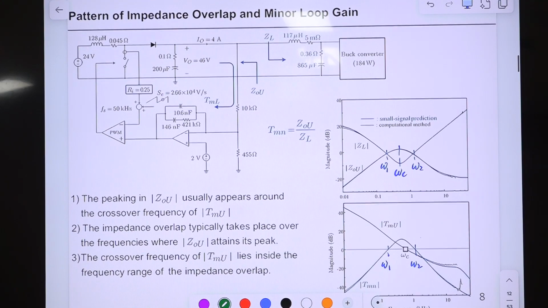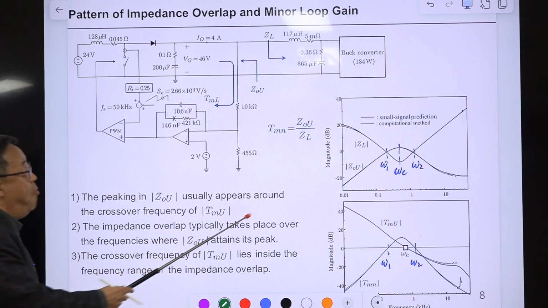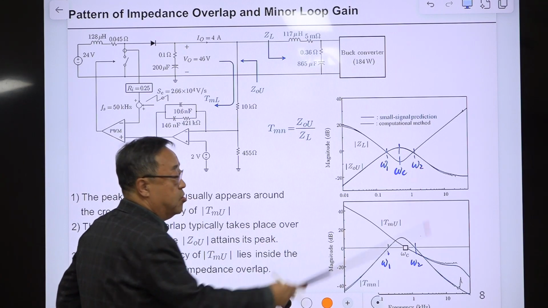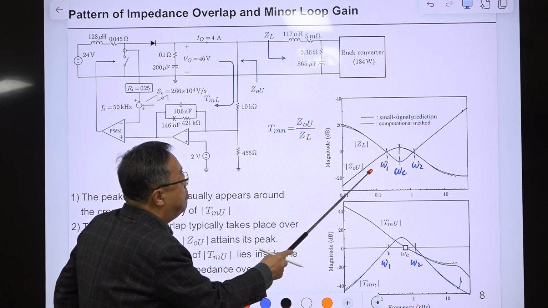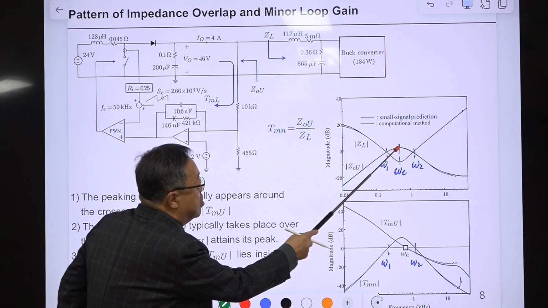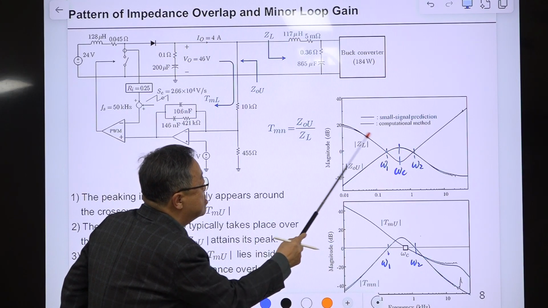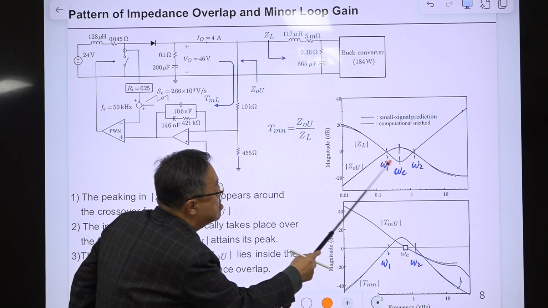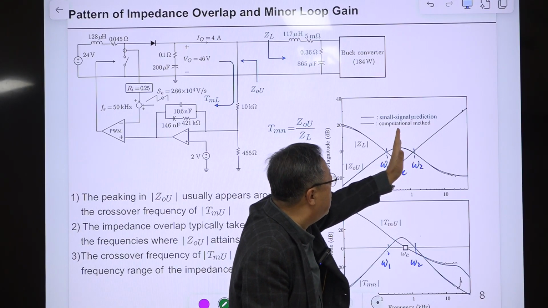And I explained here why this omega c is in the middle of omega 1 and omega 2. Because omega c is the point where GOU gets the highest value here, and GL is going like this. Usually it is maybe not in the center, but somewhere here.